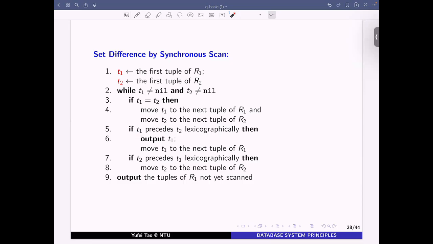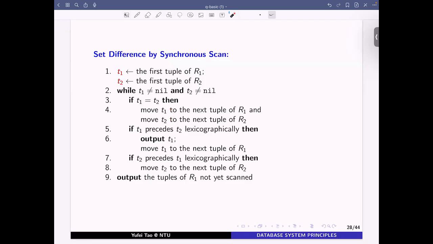By the way, here you might have more than one attribute, so that's why it is lexicographical. Or you can have T2 less than T1. If you still remember, if the two tuples are equivalent, we confirm that this T1 should not be output. In this case, we advance both T1 and T2. This was what we did.